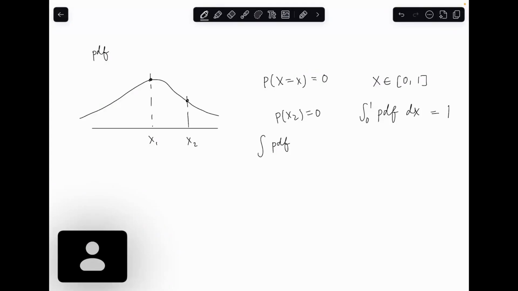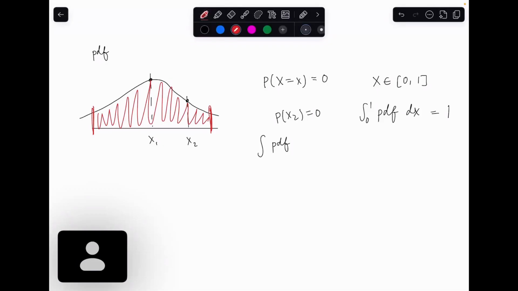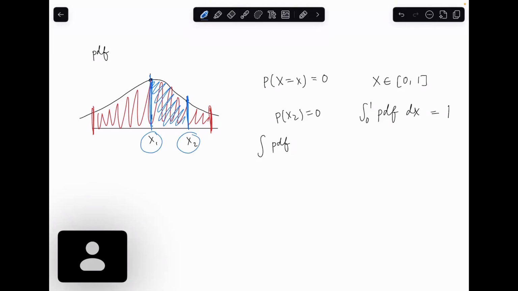Exactly, yeah. Because all of this area, if these are my bounds of the PDF, is the probability, right? So if I want to find the probability of x1 to x2, and I have a PDF, I need to integrate from here to here along the PDF.